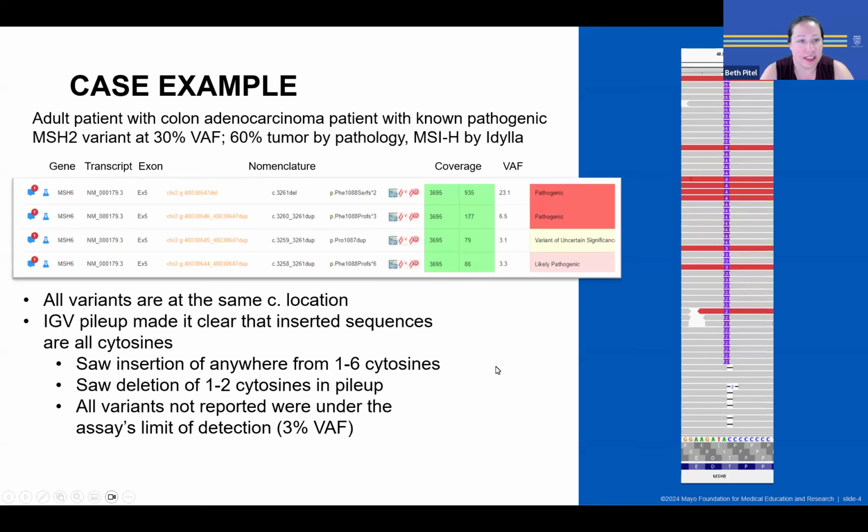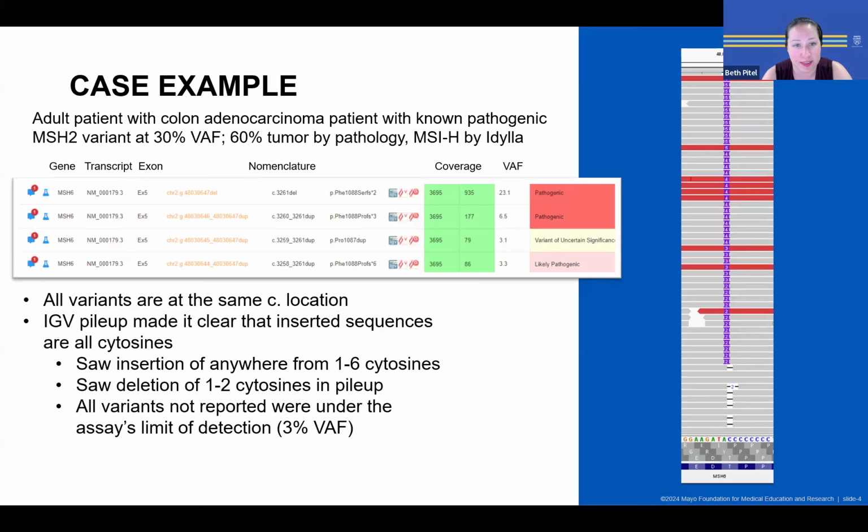So here's a case example I've de-identified and simplified for this discussion. This is an adult patient with colon adenocarcinoma with a known MSH2 truncating variant that was called pathogenic at 30% VAF.